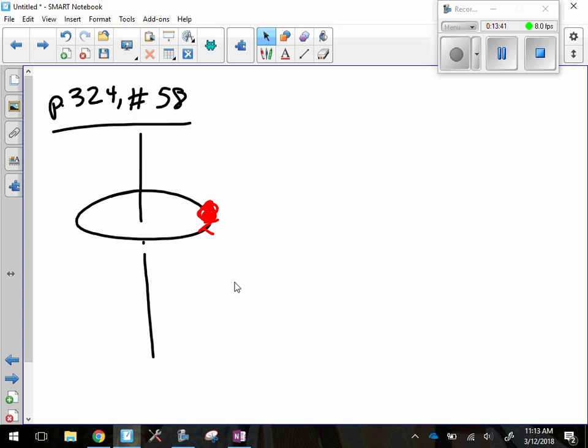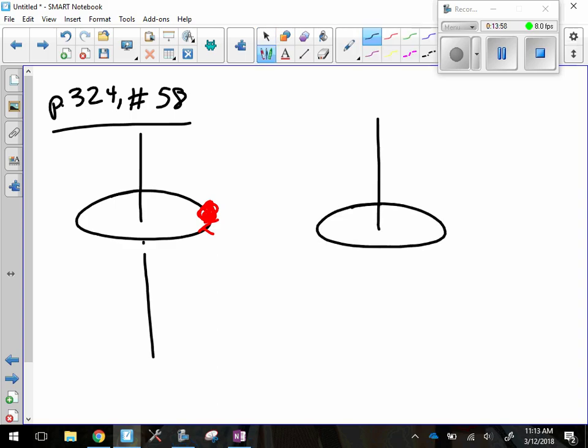Okay, so she's out here and she's going to walk in. All right. Her rotational inertia is going to get smaller, so what's going to happen to the disc? Why is it going to speed up? Okay.